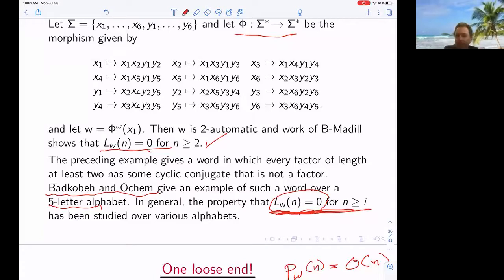I think that's an interesting question. There's some connection between squares and being positive, but like you said, it's just a one-way implication. So the question of what happens in general, I'm not sure.